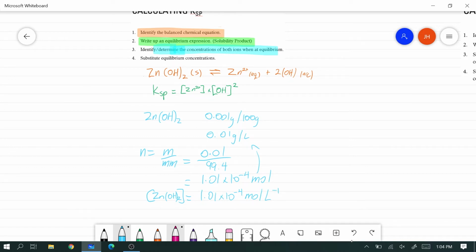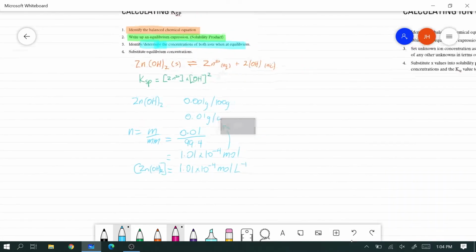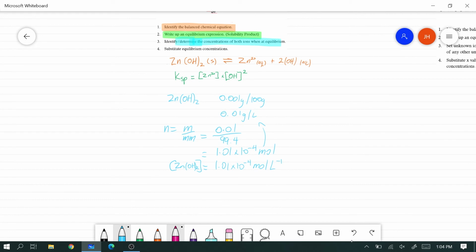Once we know the concentrations, we can then start to determine the concentration of the individual ions. So the concentration of zinc ions by itself is equal to the concentration of zinc hydroxide. So that's going to be exactly the same, 1.01 times 10 to the -4 moles per litre.